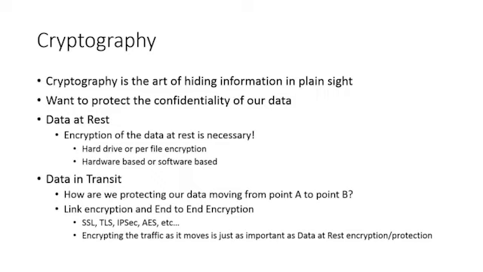So let's talk about from point A to point B, say across the internet. How can we secure that? Well, we can use link encryption, or I should say, end-to-end encryption. Link encryption, we're going to encrypt the whole communication, the headers, everything, our protocols. End-to-end encryption is from one endpoint to another endpoint.